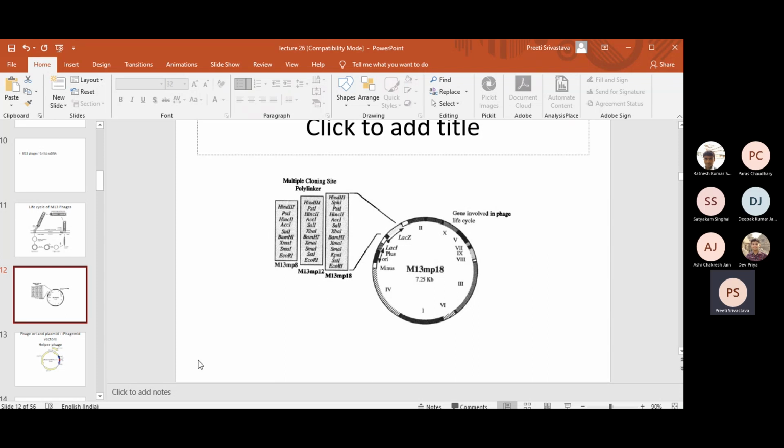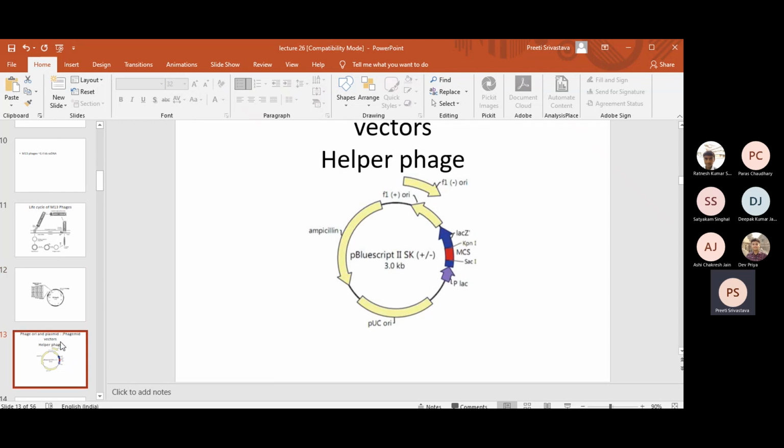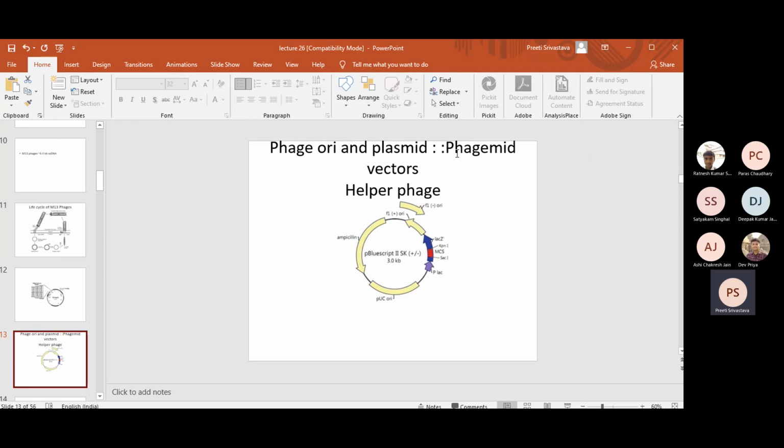So another development was that phagemid vectors were constructed. Phagemid vectors are the ones which contain a phage origin of replication and a plasmid origin of replication.